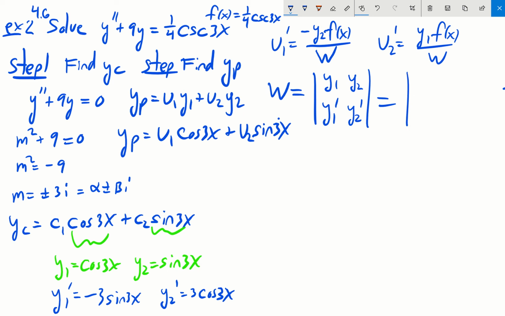So our Wronskian looks like this. It's going to be cosine 3x, negative 3 sine 3x, sine 3x, 3 cosine 3x.